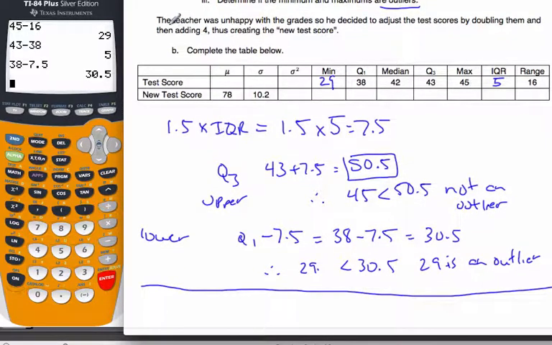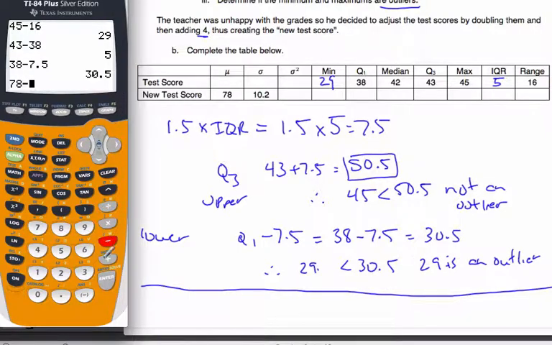we now go, the teacher was unhappy with the grade, so he decides to adjust the test scores by doubling them and then adding 4, thus creating the new test score. And so here the new mean is 78. If I want to go backwards to the original test score, well, this value gets affected by this shift of 4. So I'm going to take away 4, and then I'm going to take that value and divide it by 2.